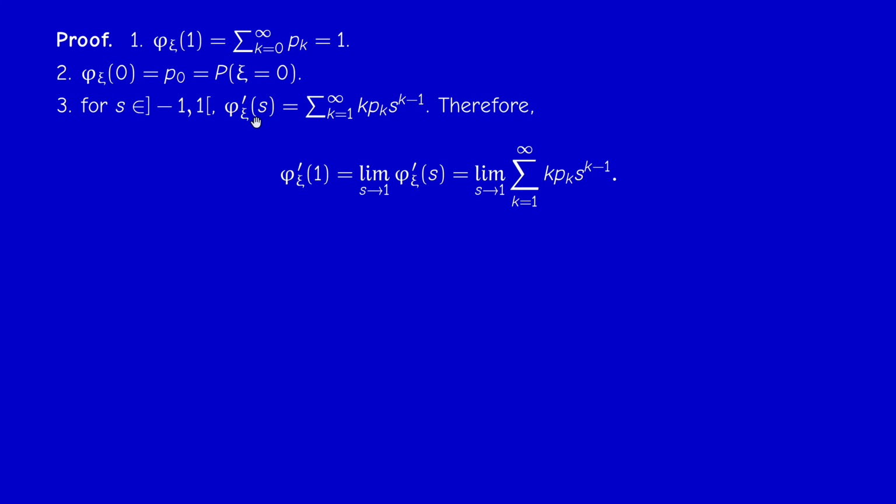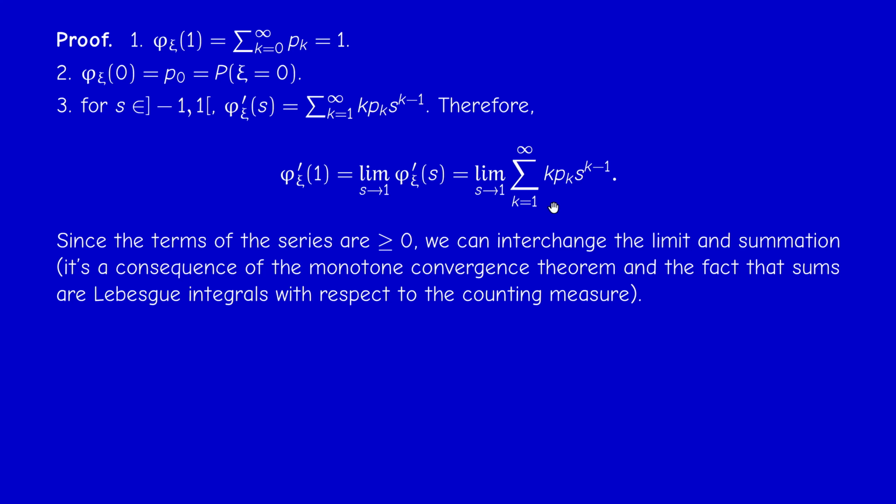Now, we know that we can differentiate term by term inside the disk or interval of convergence. And we know that when s tends to 1, okay, here we can interchange actually limit and sum. Why? Because this series is of positive terms.